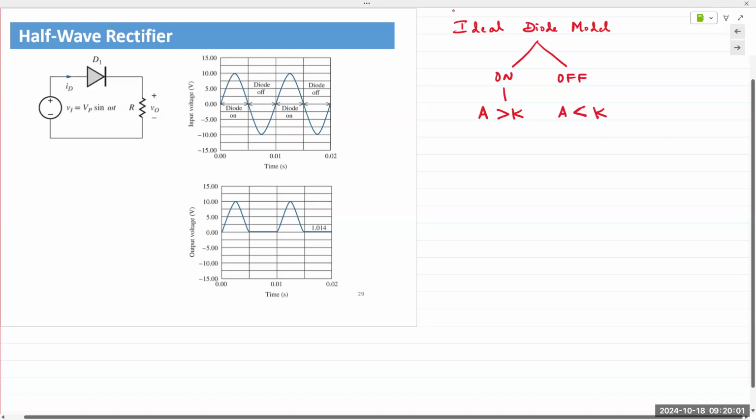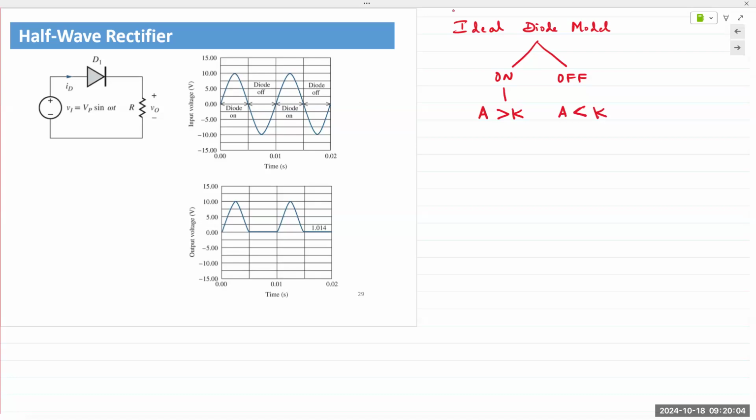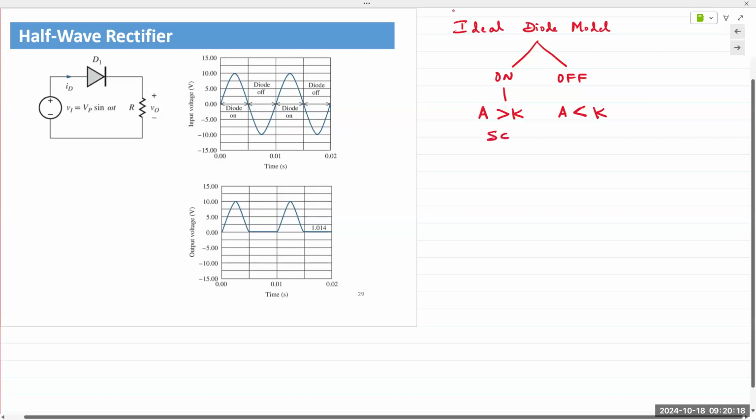When we began ideal diode analysis, I stated all we need to know is which end of the diode is higher than the other. Then we simply proclaim that the diode is on or off. If it's on, we replace it with a short circuit, and if it's off, we replace it with an open circuit.